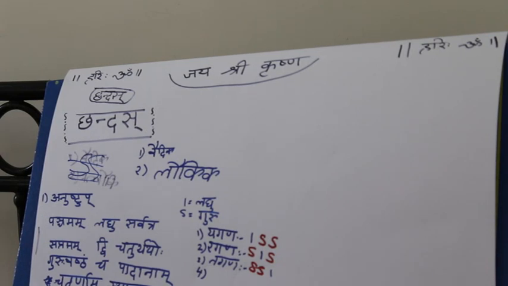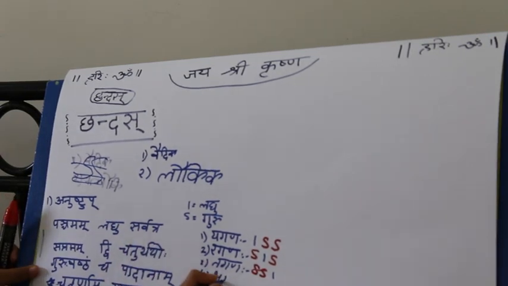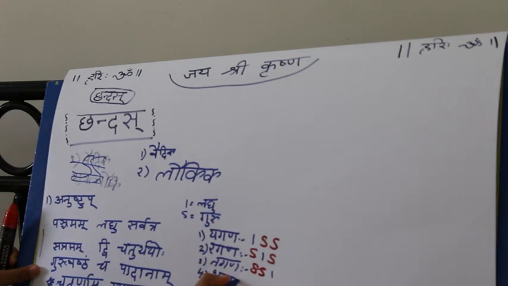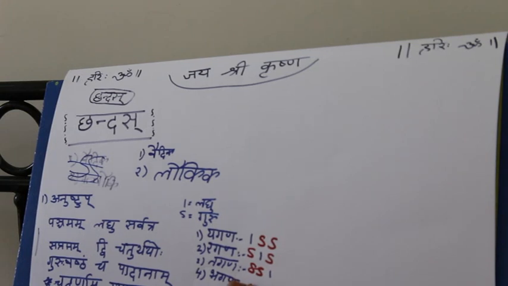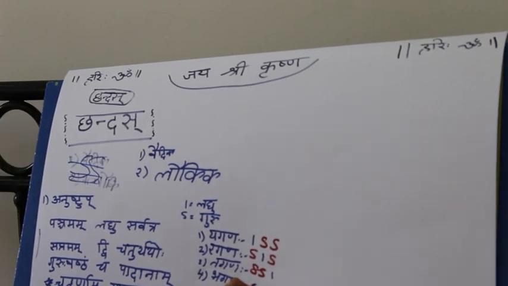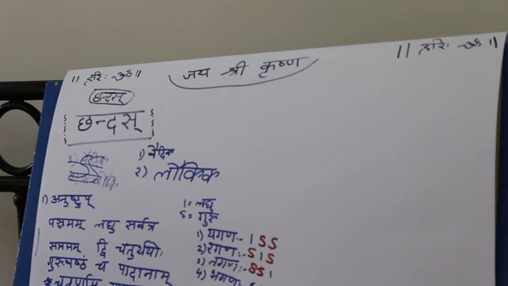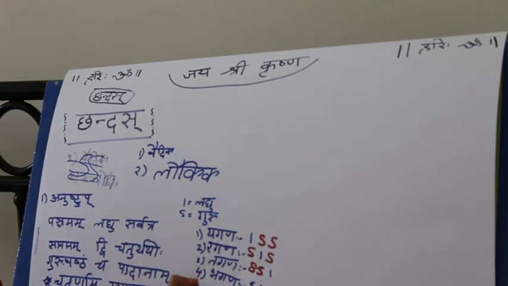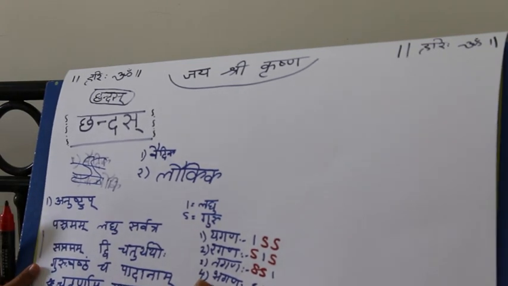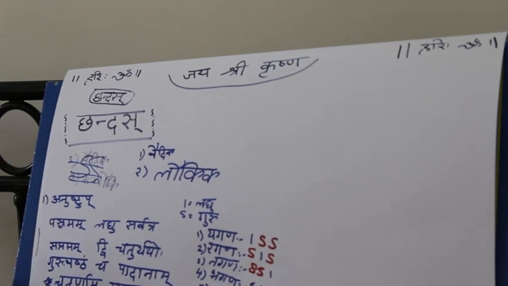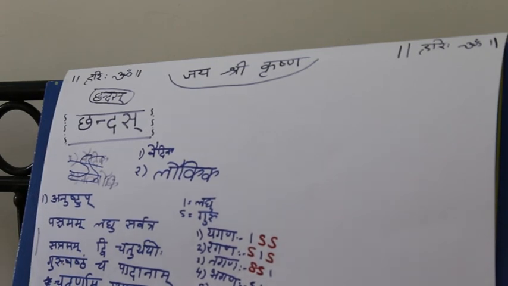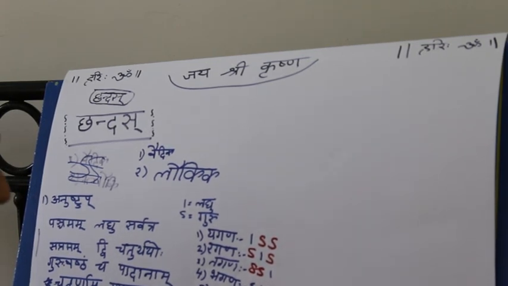In these it's the opposite. Bhagana starts with S-I-I. Then comes Jagana, where S comes in the middle and I around it.